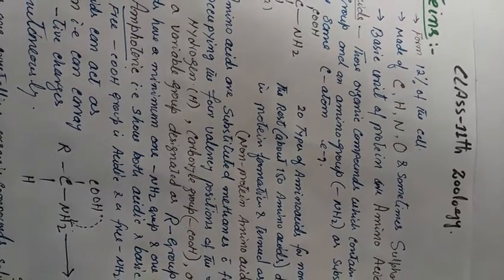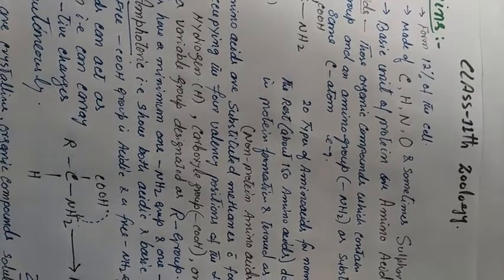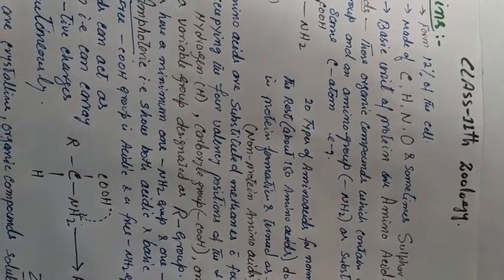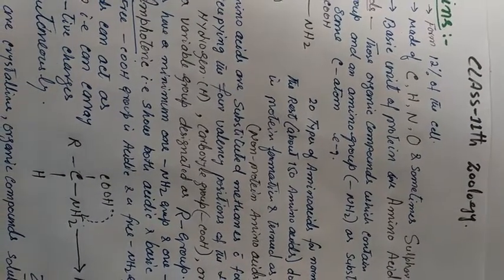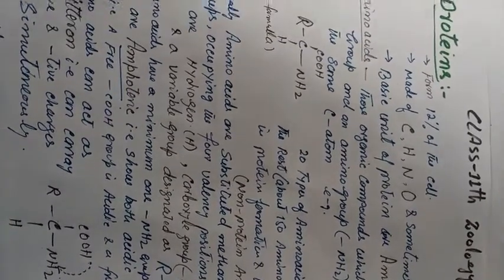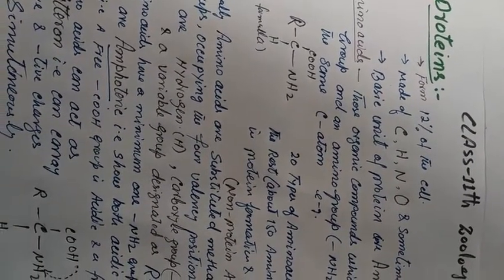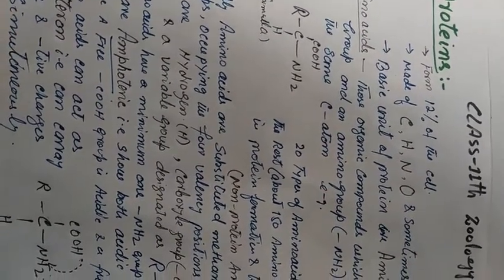Since we are studying the biomolecules, and we have already studied in our last topic about the carbohydrates in detail, today we will discuss the next most important biomolecule, that is the proteins.